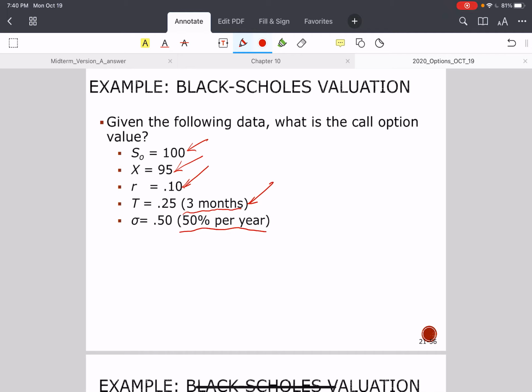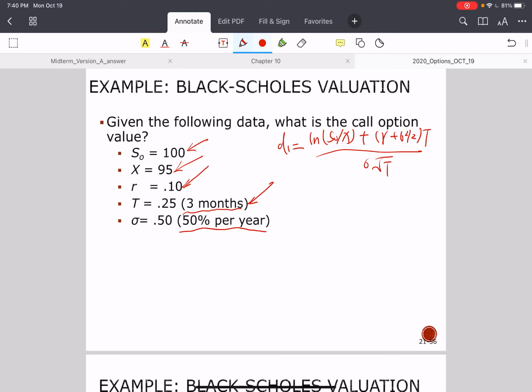Now, how do you price this call option? Well, as I said, pretty easy, right? Directly apply the formula here. So let's start with d1. Right? So d1 equals the log of S0 divided by X plus (r plus sigma squared over 2) times T, over sigma times square root of T. Obviously, you can see that you have every number you need, right?